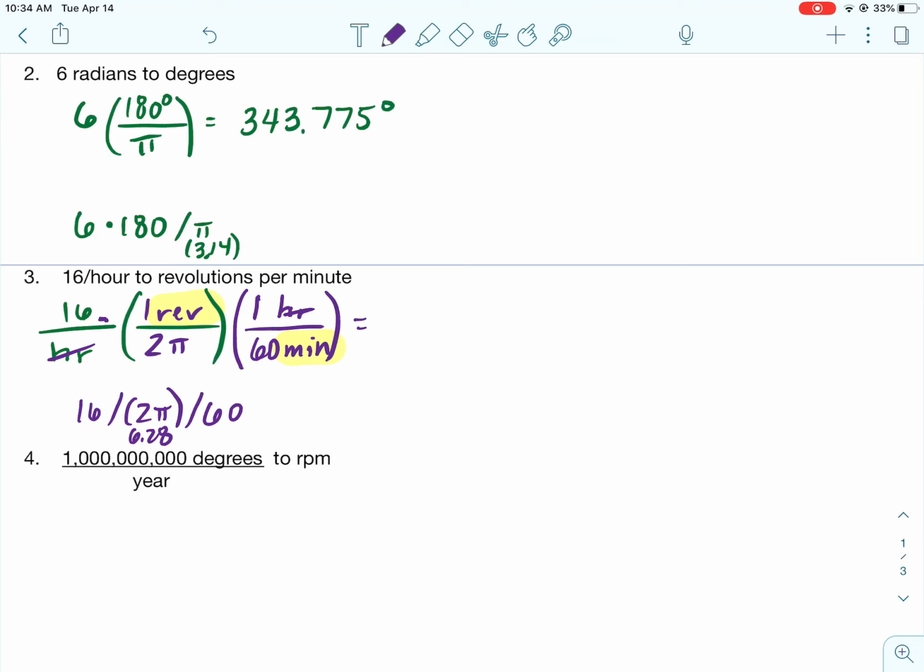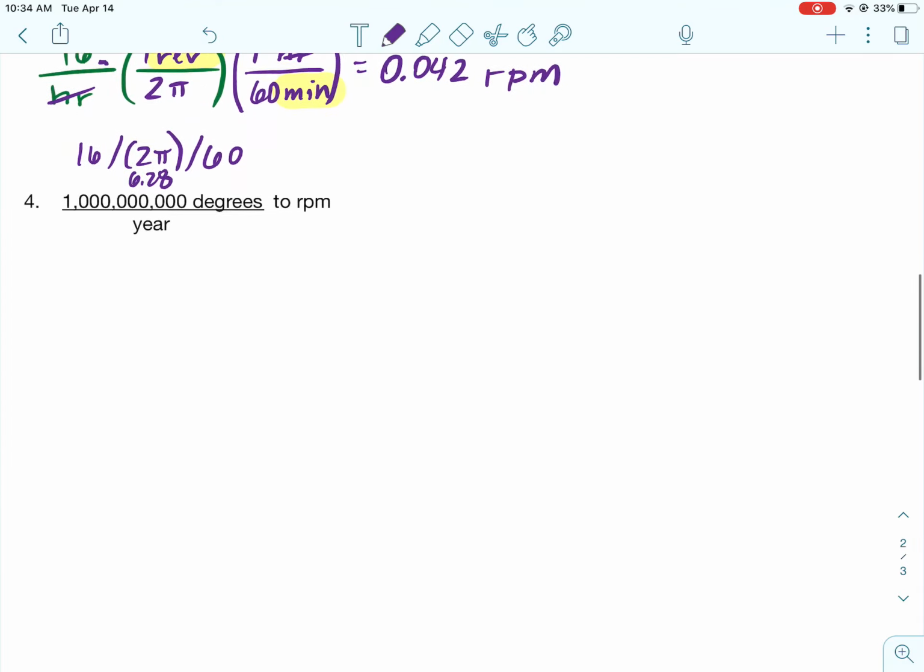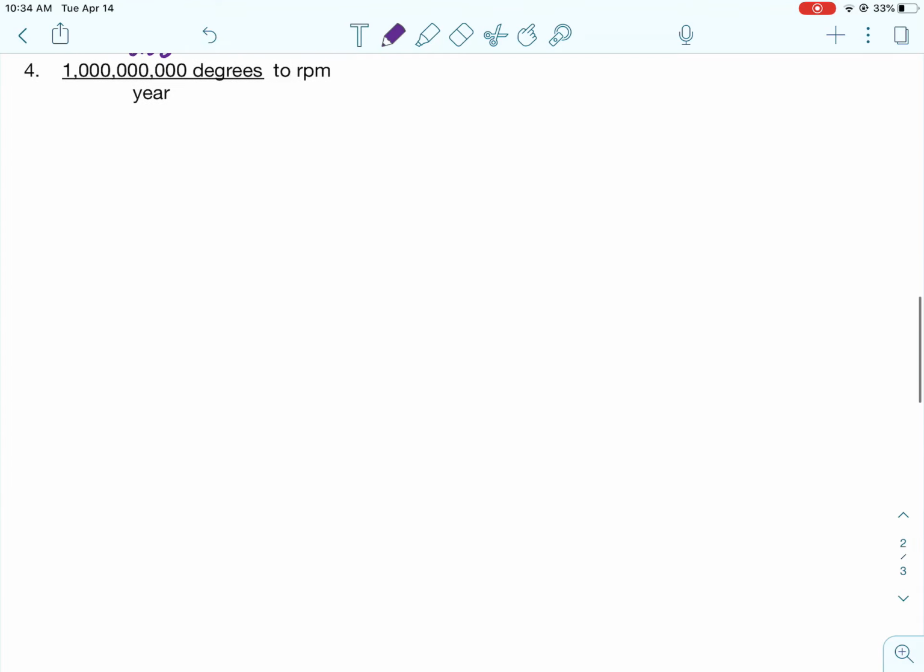The other thing you could do is change 2 pi to just 6.28. So divide by 6.28 because that's twice pi approximately. And then your decimal may be off slightly, but it'll still be fine. It'll be close enough. All right, so this is going to give you approximately 0.042. And then for revolutions per minute, it's fine if you just call that RPMs.